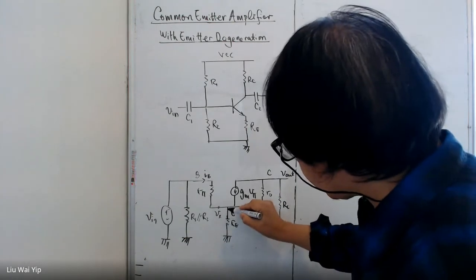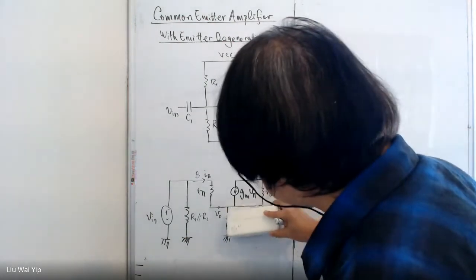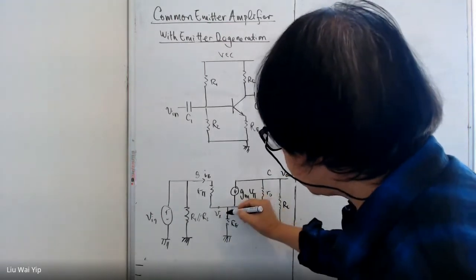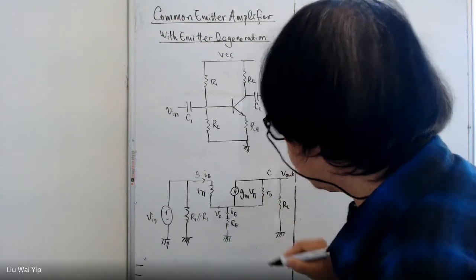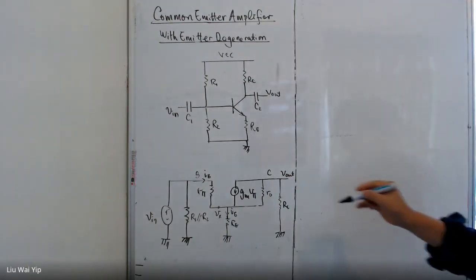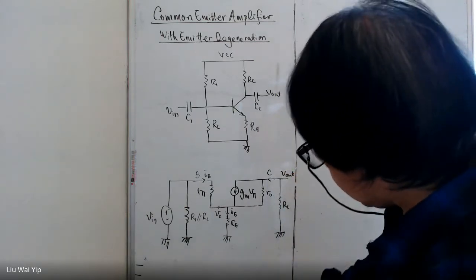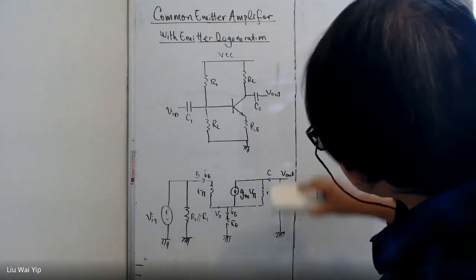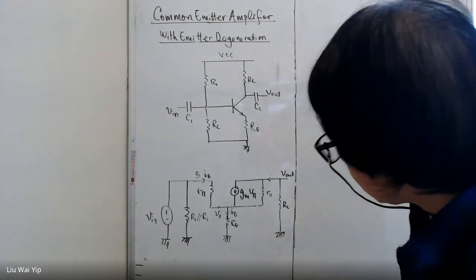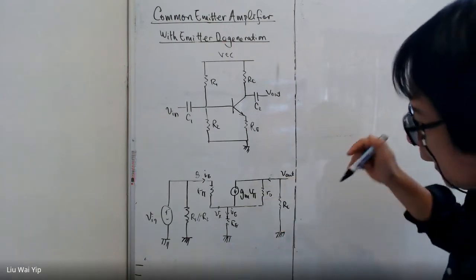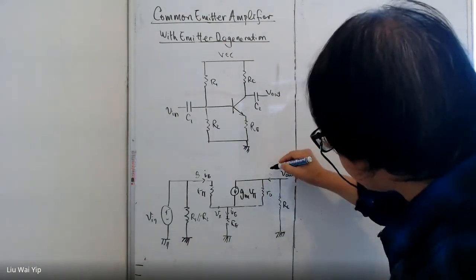IE is much larger, okay? IB should be substantially smaller than IE, and also substantially smaller than IC.